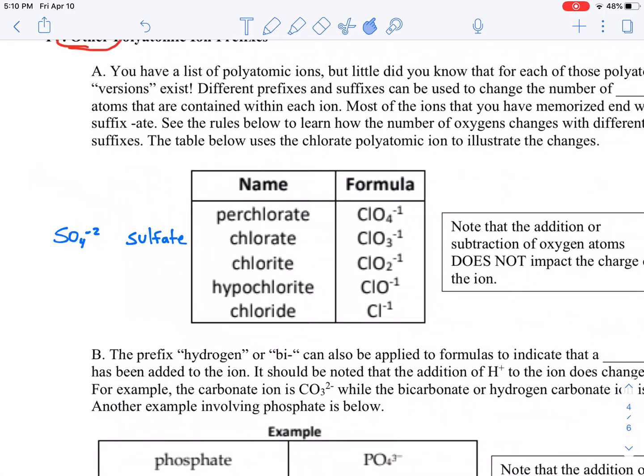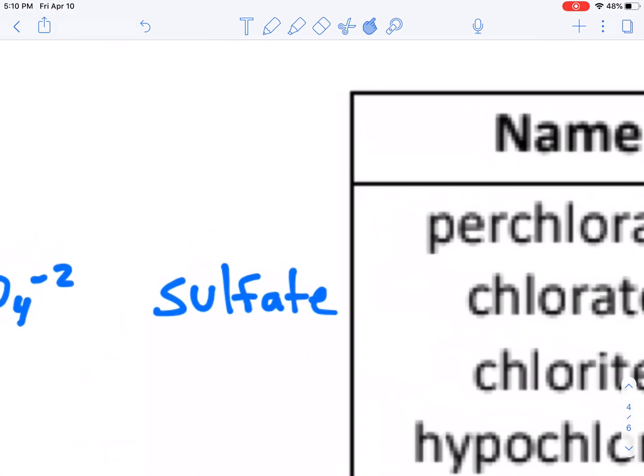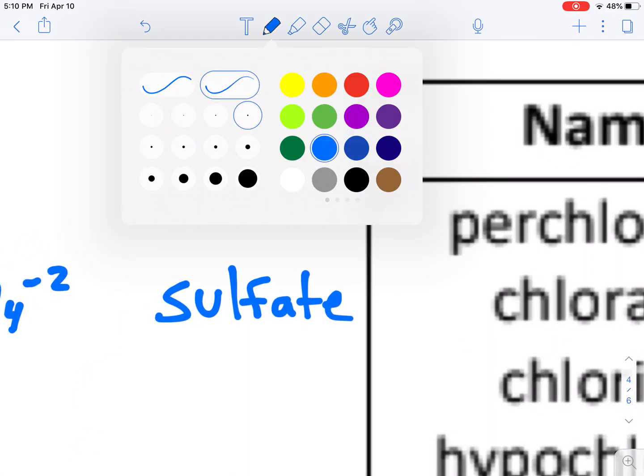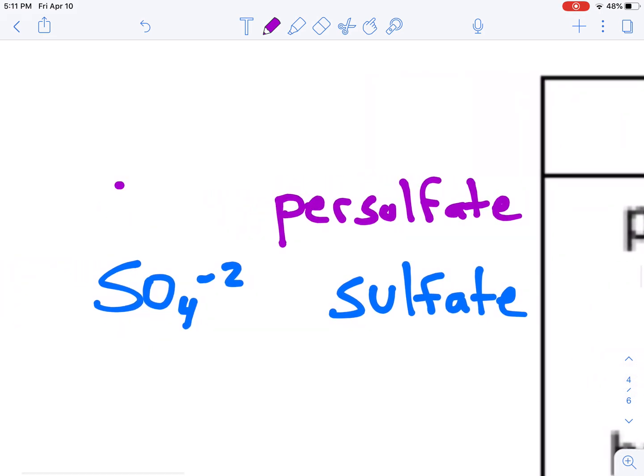So now the base unit of that ion has 4 oxygens, which means persulfate, the per still adds an oxygen. So persulfate still behaves the same as we saw on the right-hand side, but it doesn't now have 4 oxygens, it has 5 oxygens. Persulfate is SO5 -2.